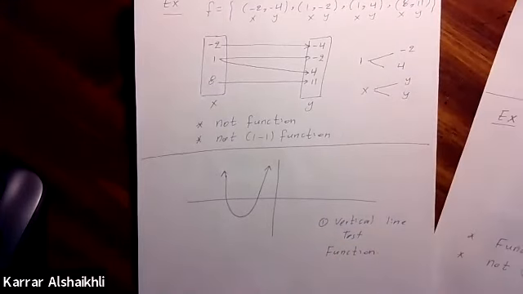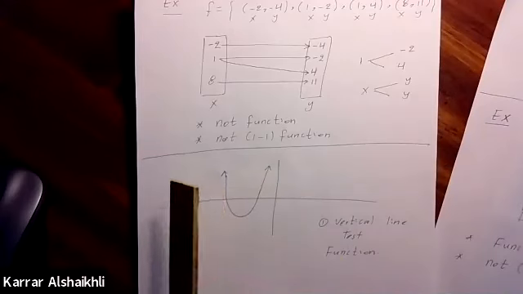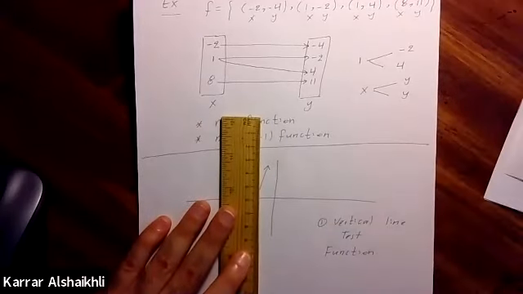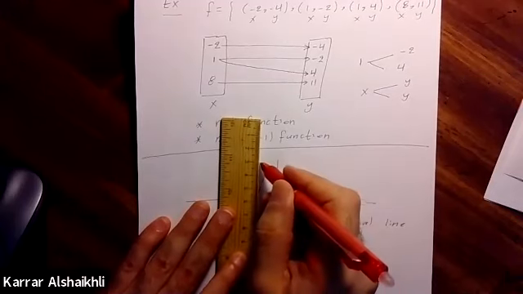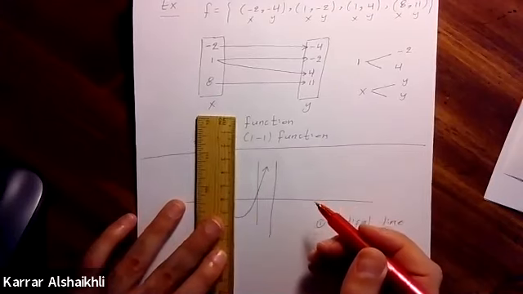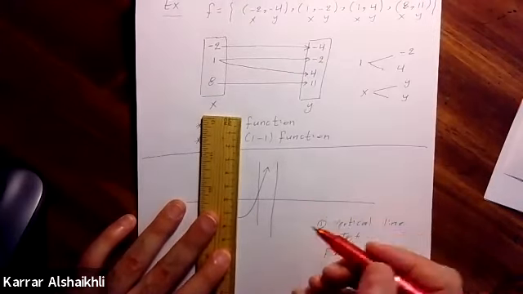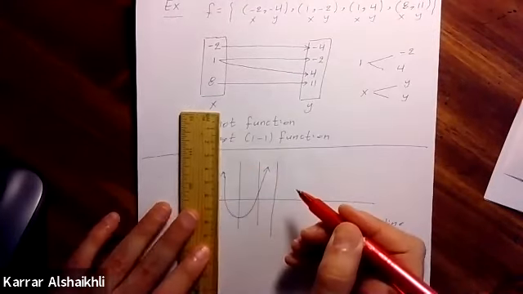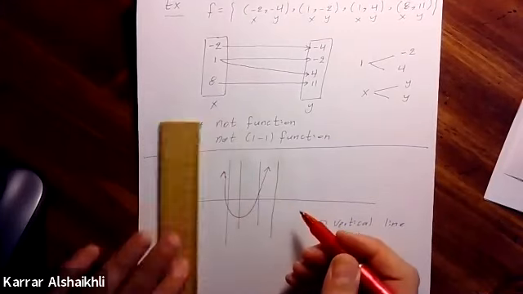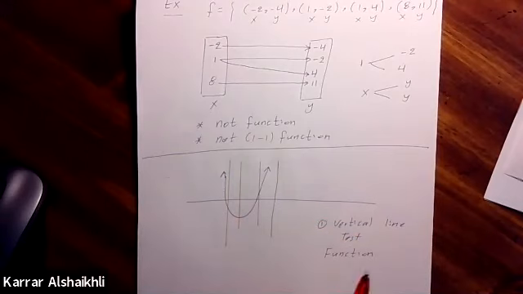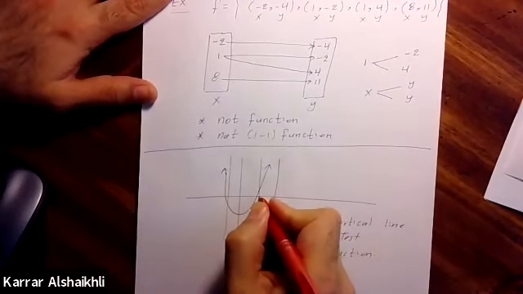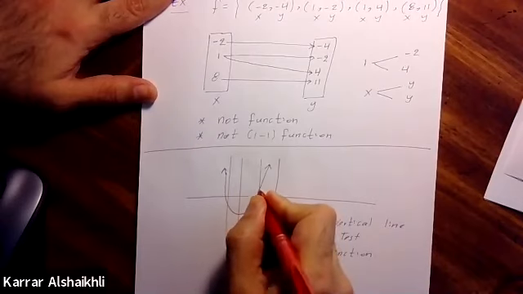So now if you graph any vertical line test here on this function, like I'm going to graph one here. This is the first vertical line test. And I'm gonna graph another one here. Second line test and another one here. So it's up to you how many lines you're going to graph. So check with the first one. This x goes to 1 y.